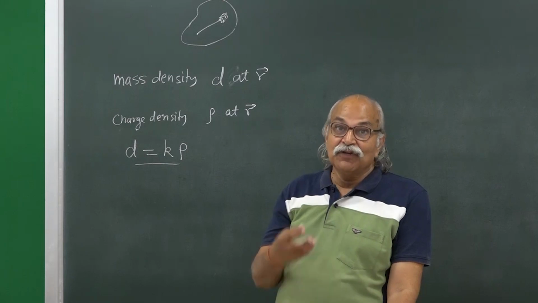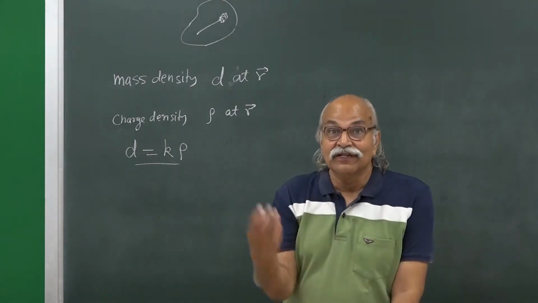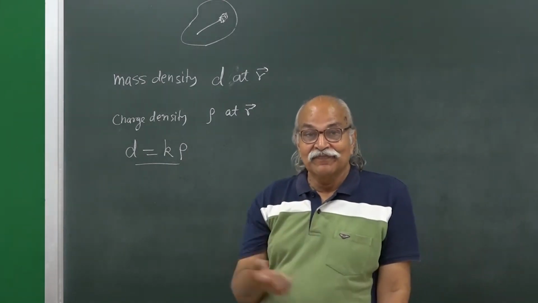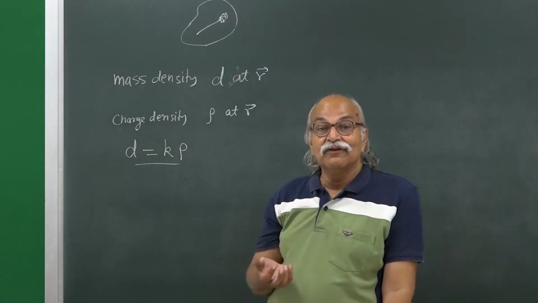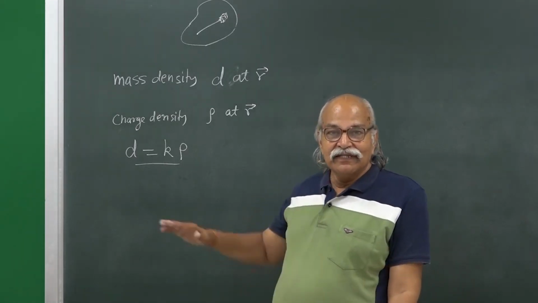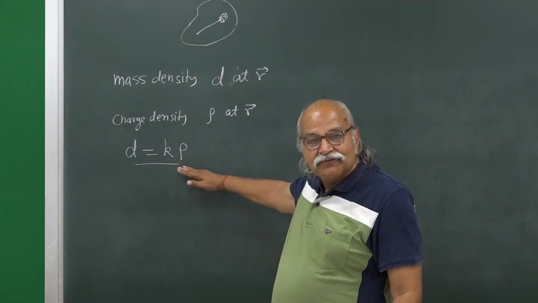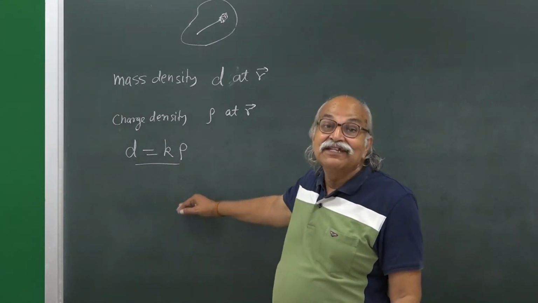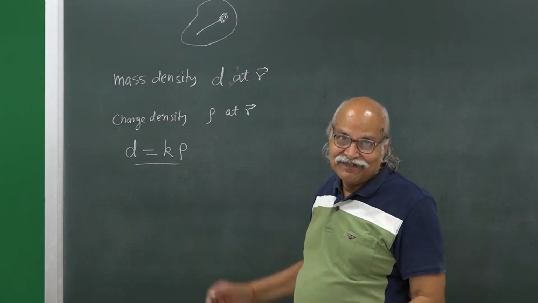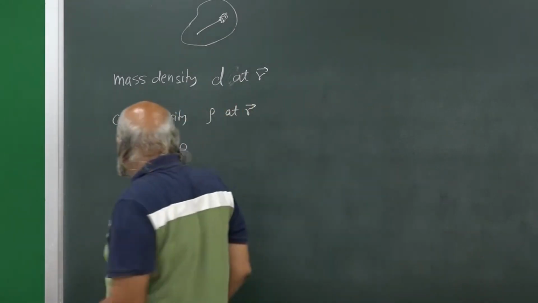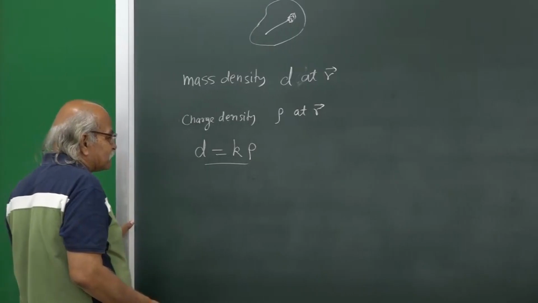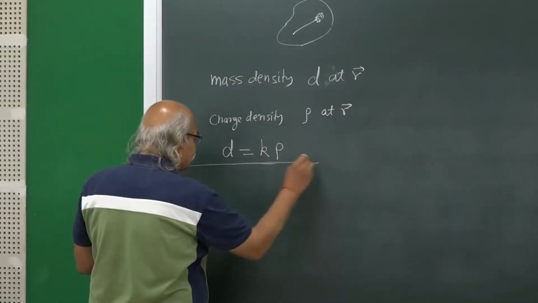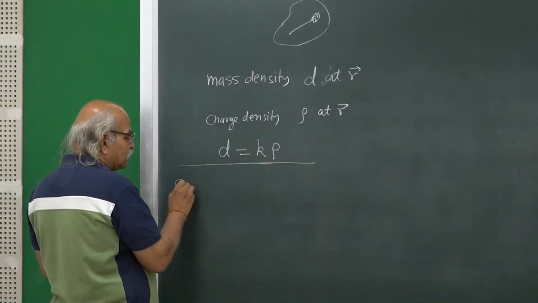At the same time, you have mass which is moving. If mass is moving, then it will have some angular momentum. So our task is to write expression for angular momentum and magnetic moment and see if there is some relation. Okay. So we can start with any one of them. Let us write angular momentum first.